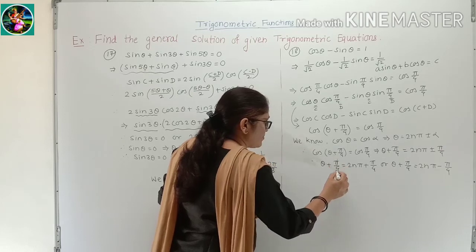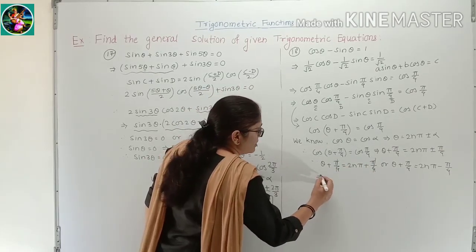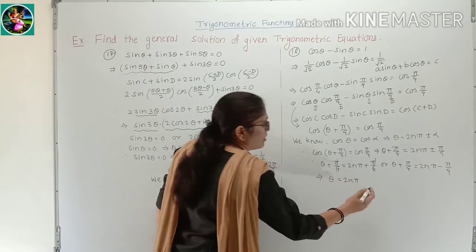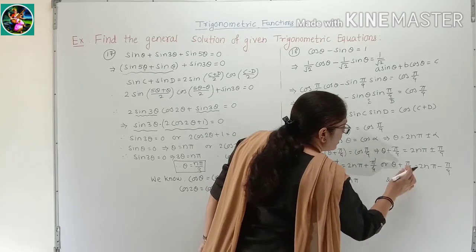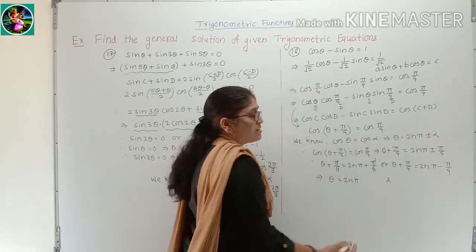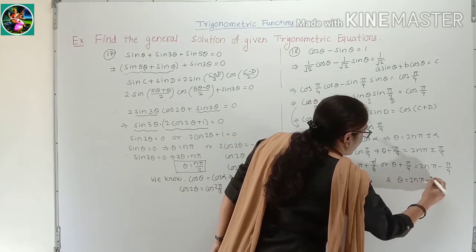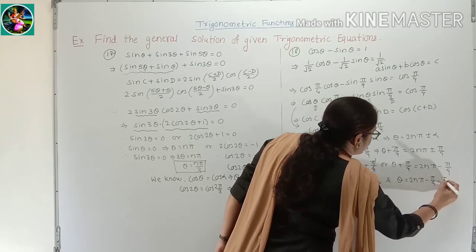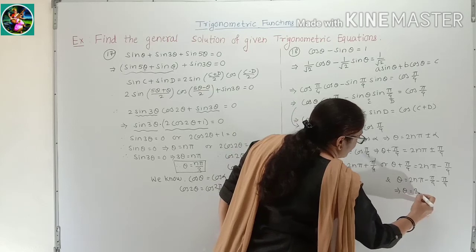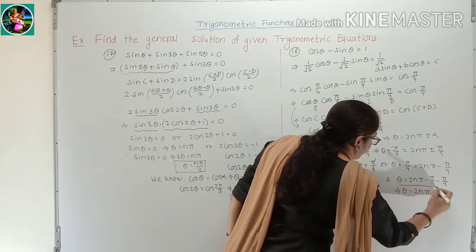Okay, the plus pi by 4 on both sides get cancelled, and here we get theta is equal to 2n pi. And if we bring this plus pi by 4 to the right hand side, it will give theta is equal to 2n pi minus pi by 4 minus pi by 4. That is theta is equal to 2n pi minus pi by 2.